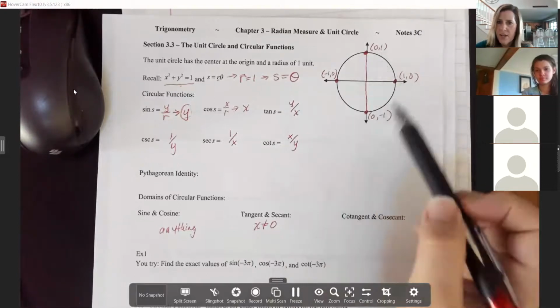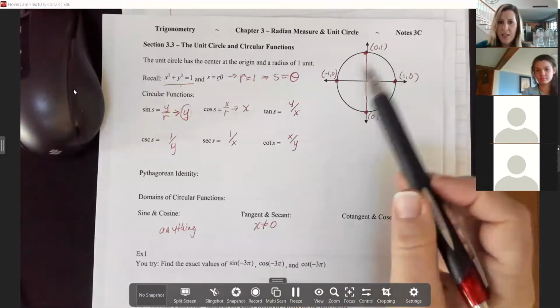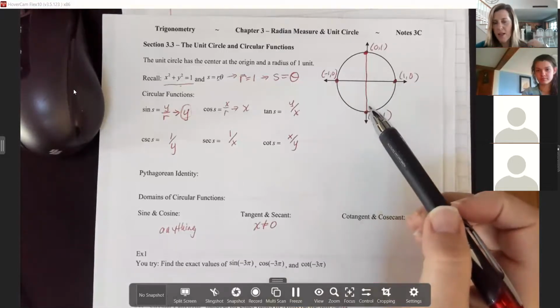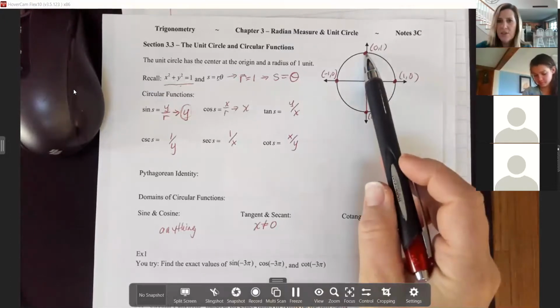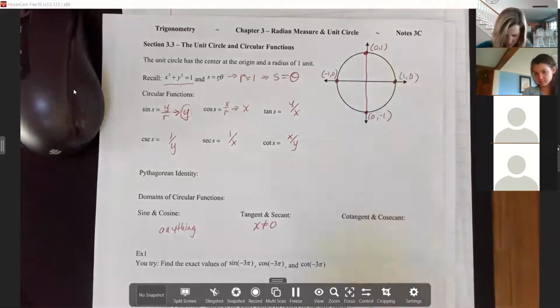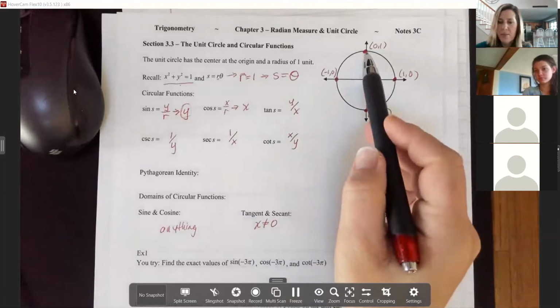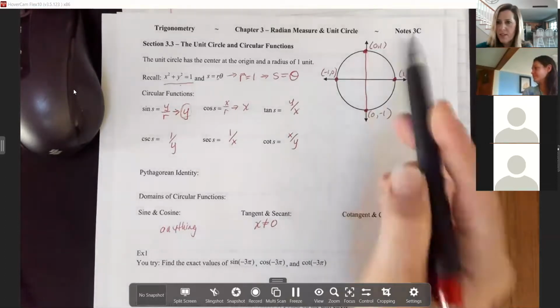And if I go around again, where it lands again, those coterminal times as well. So we're using radians now. So 90 degrees is the same as what? Pi over 2, right? Radians.